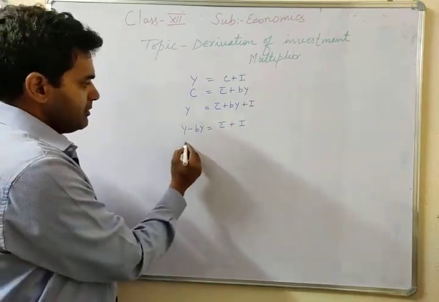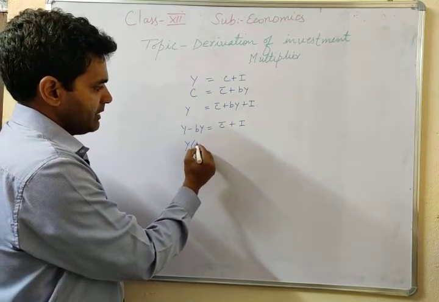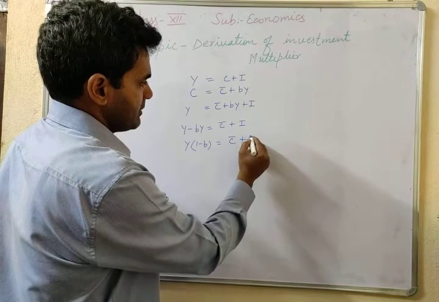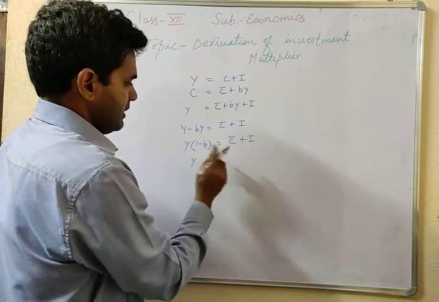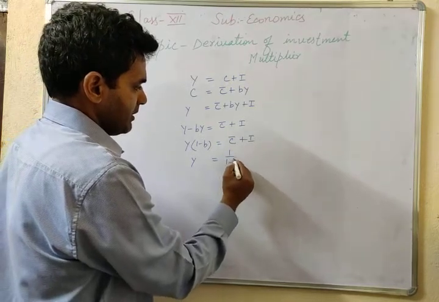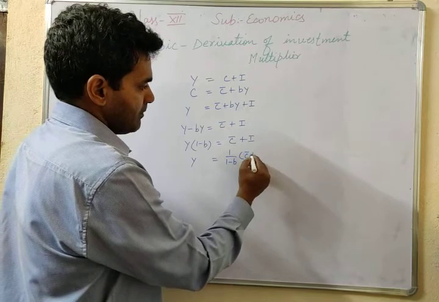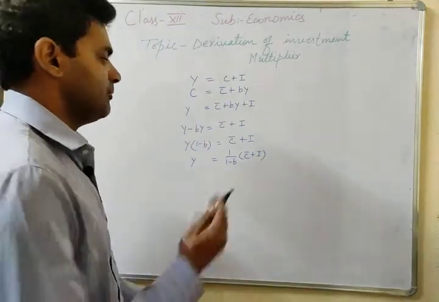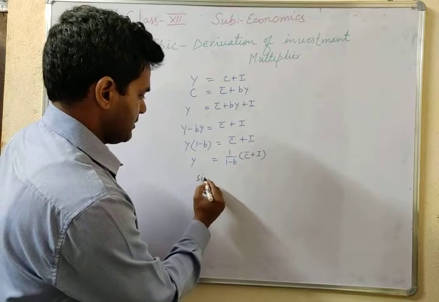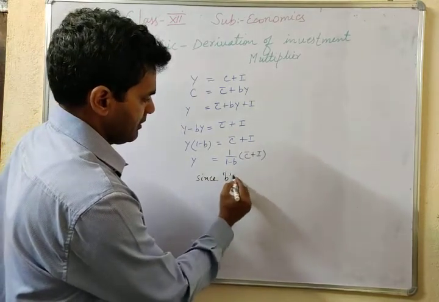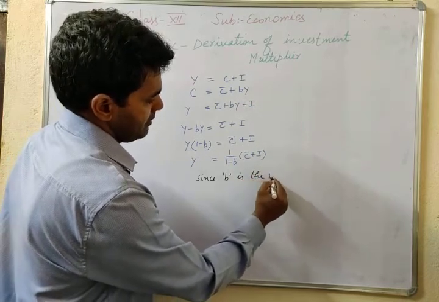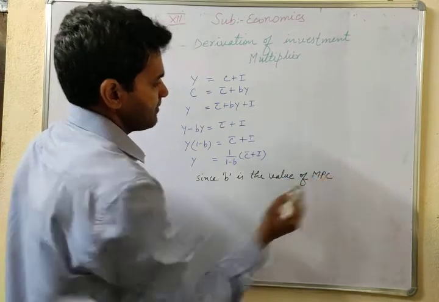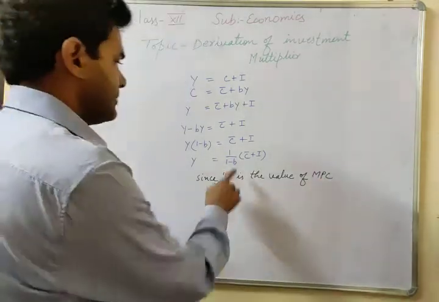We take common Y from here. So Y into the bracket 1 minus b is equal to C bar plus I. We keep Y here and carry this 1 minus b over here, so it becomes 1 upon 1 minus b into C bar plus I. Since b is nothing but the value of MPC, we can write MPC over here.